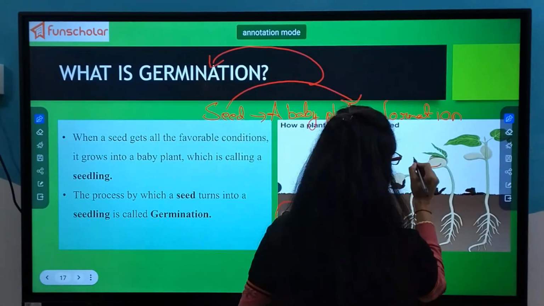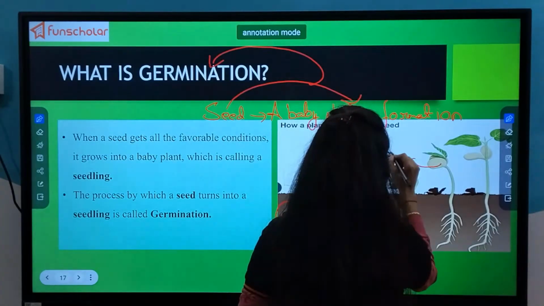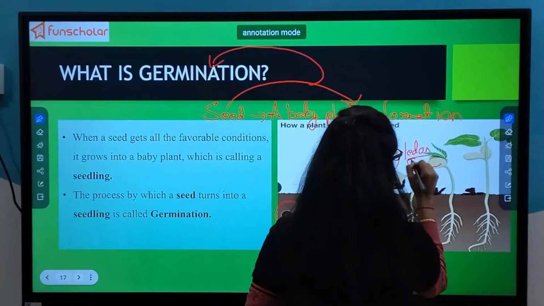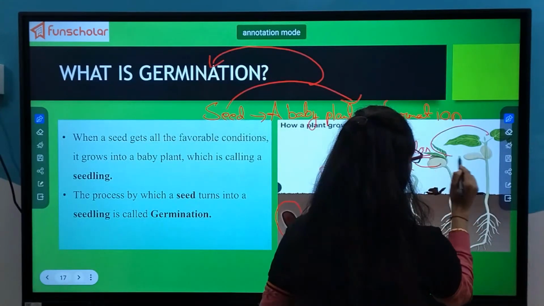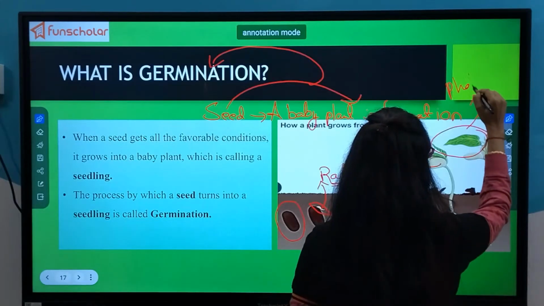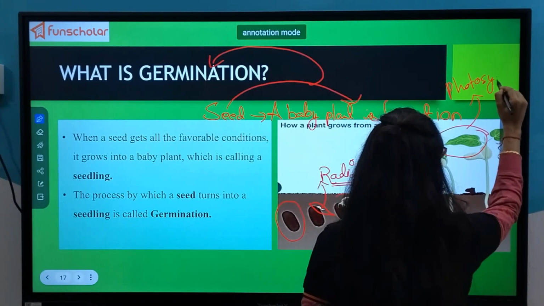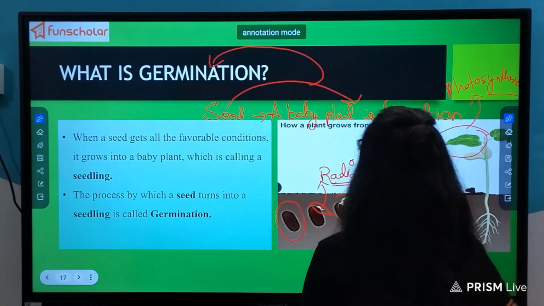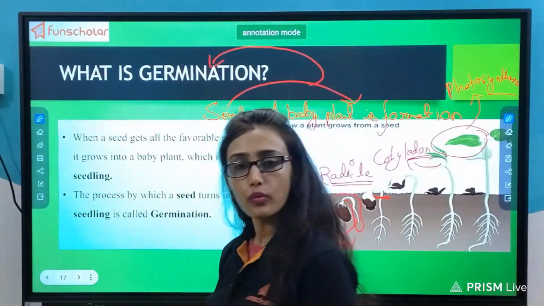These are the stored food, known as cotyledon. It provides nutrition to the plant until the plant is capable of doing photosynthesis. And what is photosynthesis? Photosynthesis is the process by which green plants make their own food.